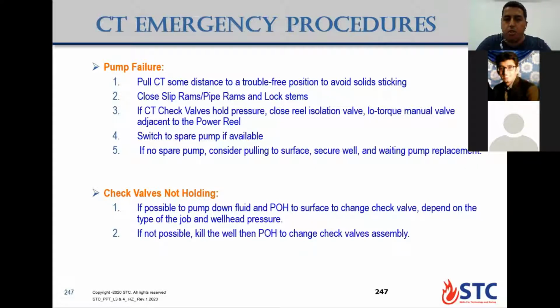You will close the reel isolation valve and the low torque manual valve at the inlet of the coiled tubing reel. Switch to a spare pump if available. Usually the coiled tubing operation runs with 2 pumps, or twin pumps, so you have a backup to the primary one. If you don't have one, you will wait. If there is no spare pump, you will consider pulling out to a safe distance inside the cased hole or to the surface.